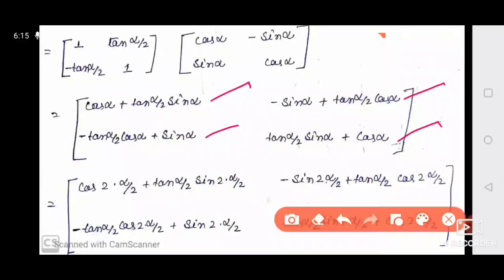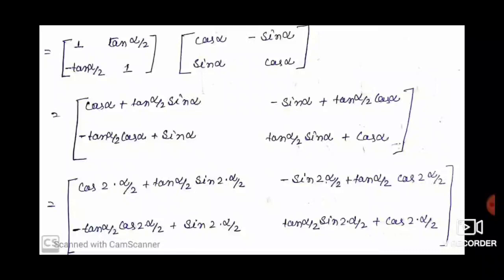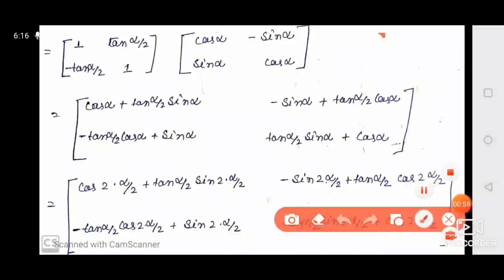Now we will do the calculation to equate it with the left hand side. So for that we have written cos alpha as cos 2 alpha by 2. So it will again become cos alpha if we cut these two 2's. Here we have written tan alpha by 2 sin 2 alpha by 2 in place of sin alpha.